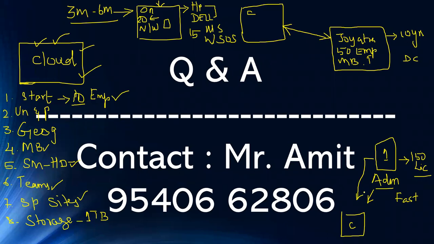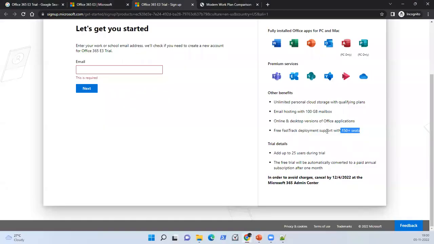So you are going to get dedicated guidance, a dedicated engineer allocated for the purpose of migration. When can we ask for it? There are no extra charges, but you can ask for it when your organization is purchasing more than 150 licenses; you are eligible for it. That is what it is saying over here. So this is called fast track support.